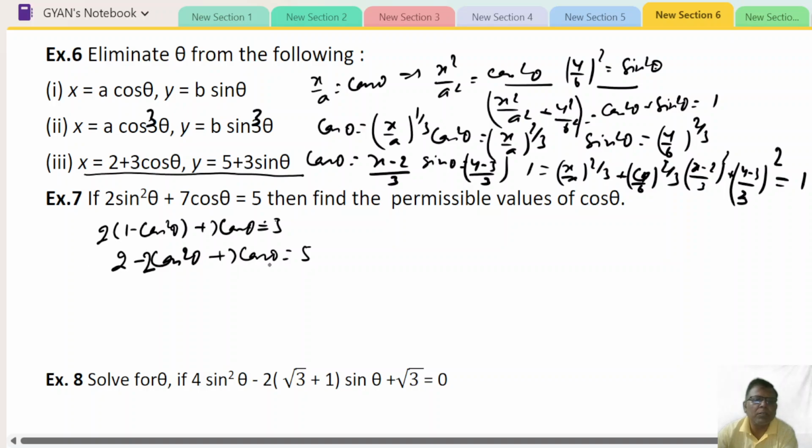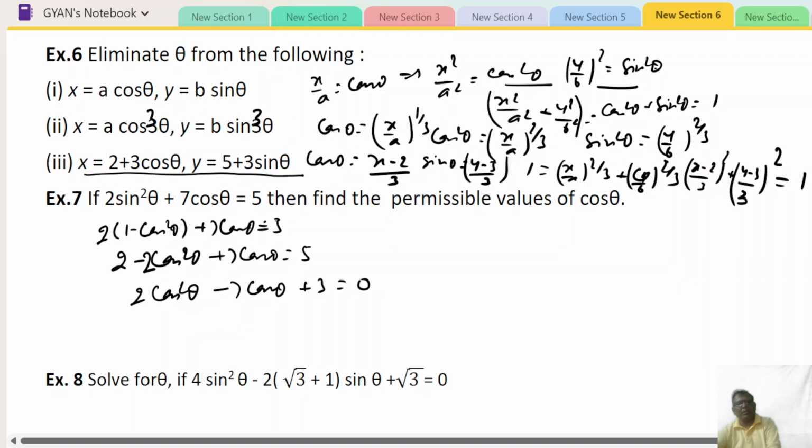So you take it all to this side. So it will be 2 cos square theta positive, and this becomes negative, 5 minus 2 is 3, and this will be negative, minus 7 cos theta plus 3.